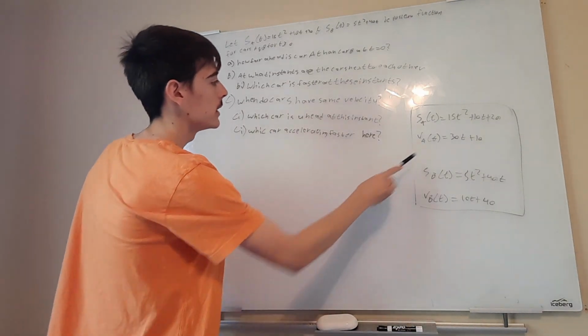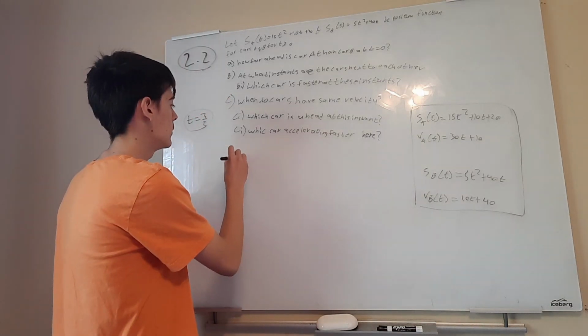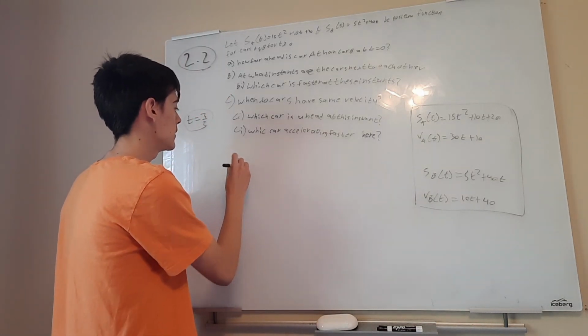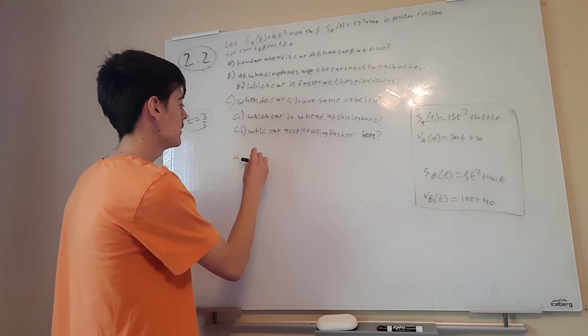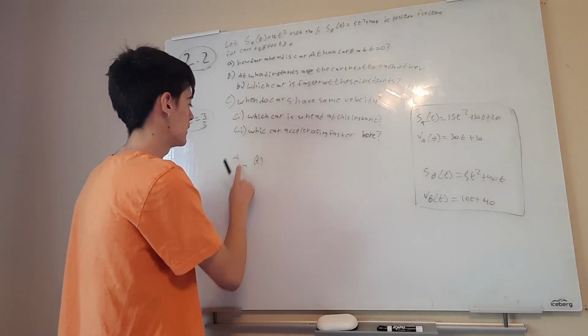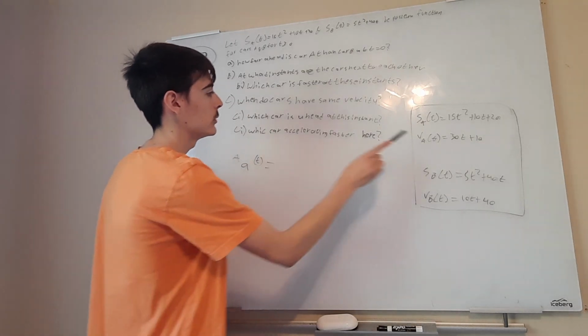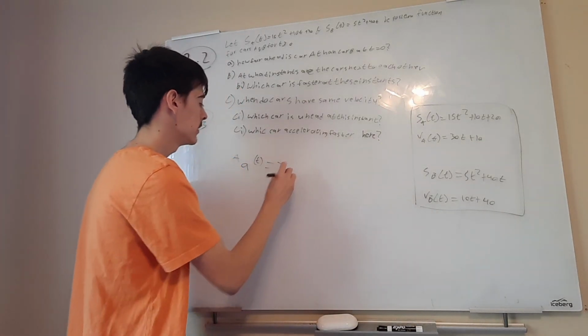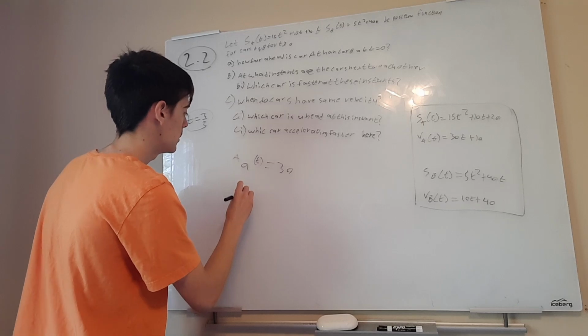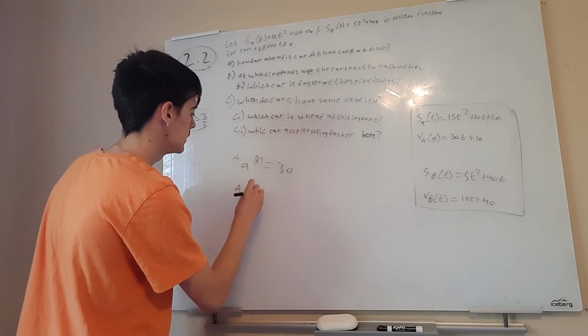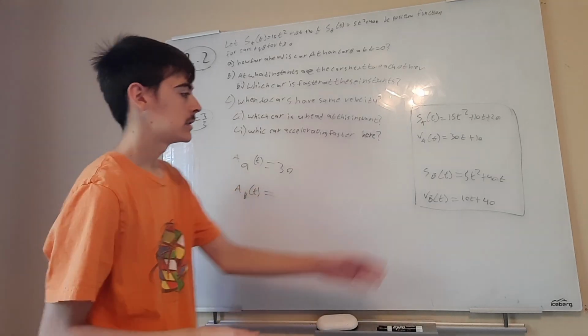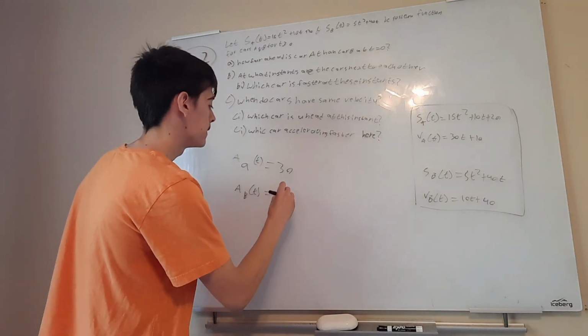Our first acceleration function would be differentiating the first velocity function. So a sub a of t is going to equal the derivative of this, which is just 30. And a sub b of t is the derivative of this, which is 10.